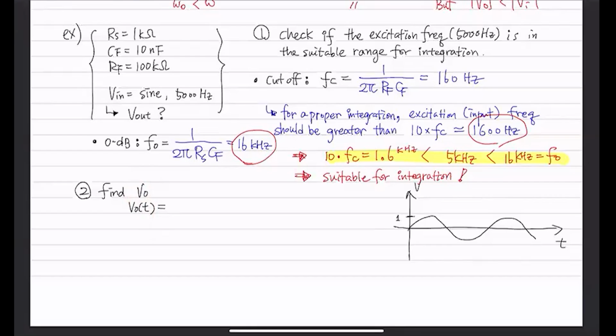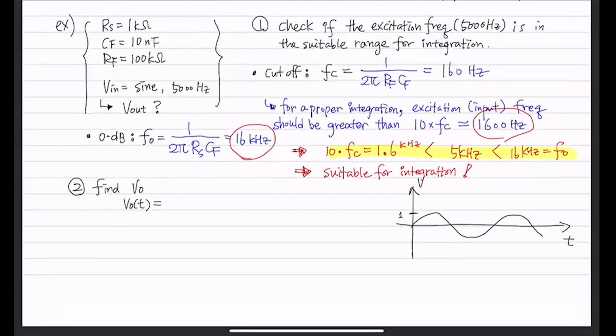So if we use the equation that was provided on the previous page, and we assume this to be 0, that is minus 1 over, what's RS? RS is 1K, right? So 1,000 times CF. CF is 10 nanofarads, so that's 10 nano, which is 10 to the minus 9, right?